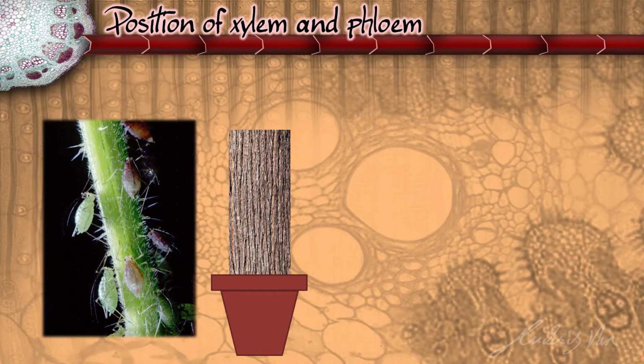So let's say we have a plant down here. We have our phloem vessel as well as our xylem vessel. So you can see the position of the phloem and the xylem. It makes sense this way, that the phloem is on the outside so that the aphids can stick their proboscis inside, and it is not too deep because it is right on the surface.